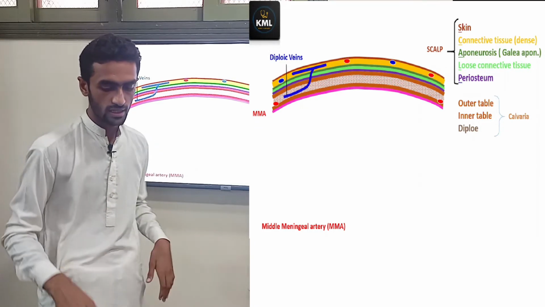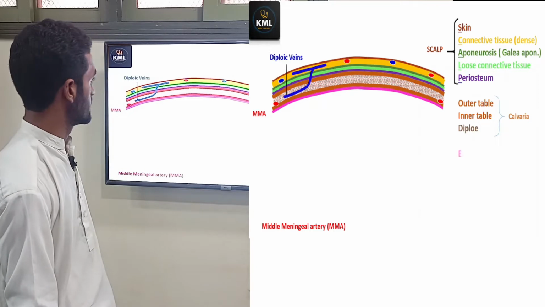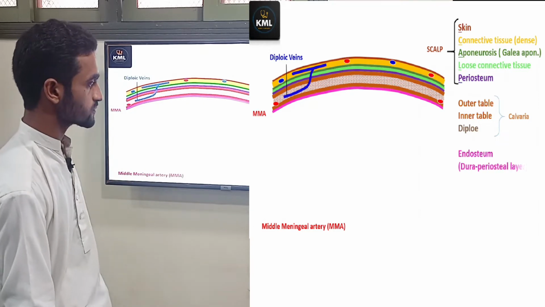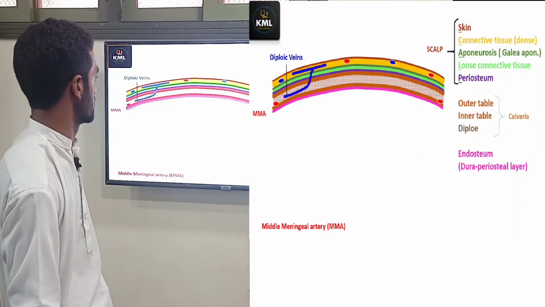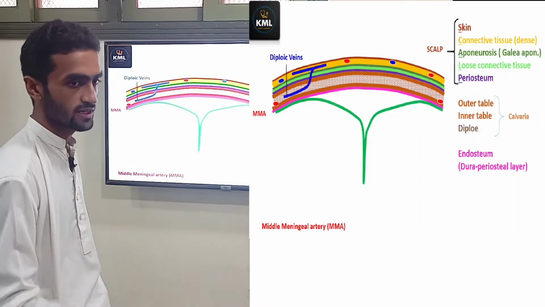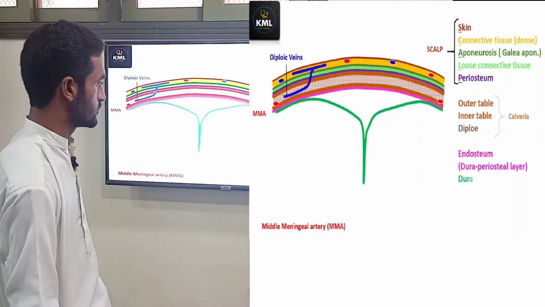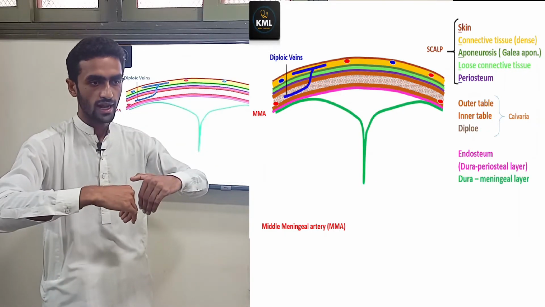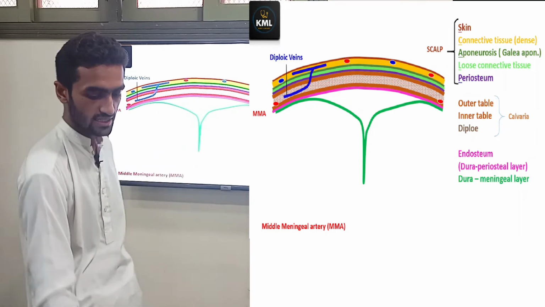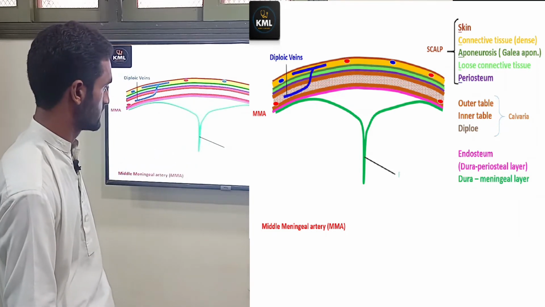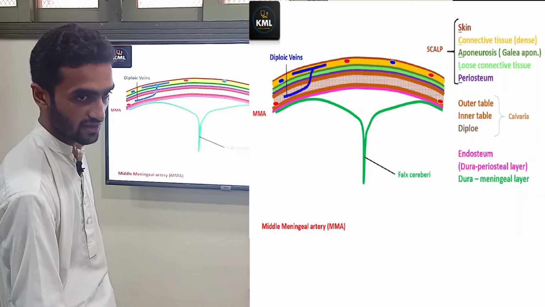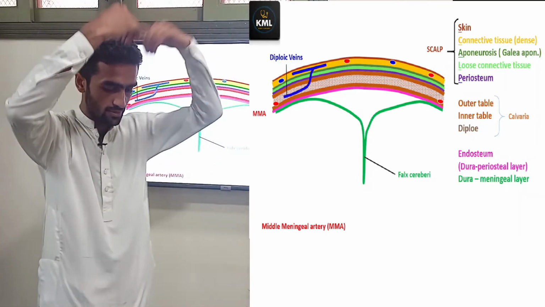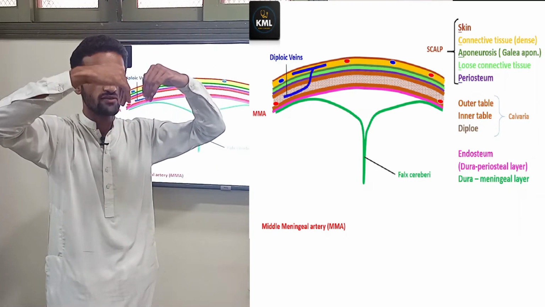We will look at that later. Here is your endosteum, the dura periosteal layer. Here you can see this green color is your meningeal layer. You can see it is dipping down, forming the sinuses and forming the falx cerebri.